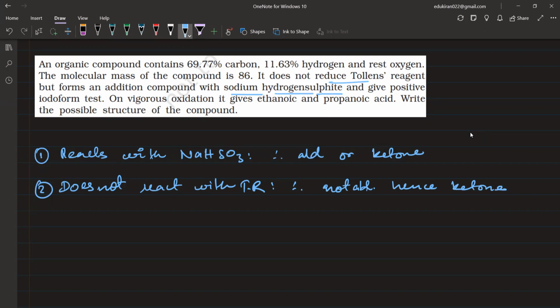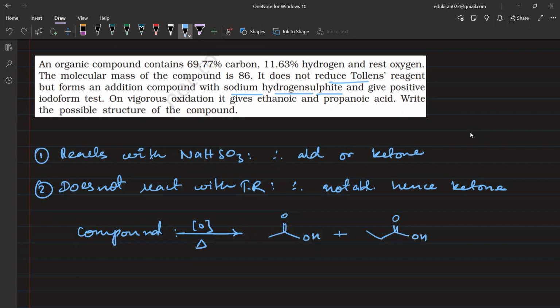That means whatever compound we have, what it is going to give you on vigorous oxidation, oxidation at high temperature, is ethanoic acid, that means 2 carbon atoms, C double bond O and OH, and propanoic acid, 1, 2, 3, C double bond O and OH.